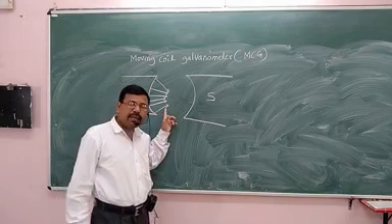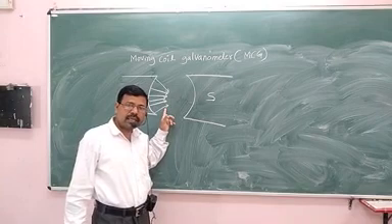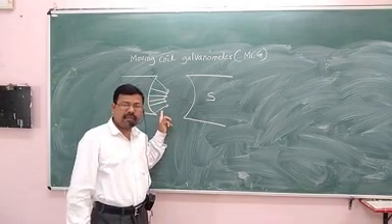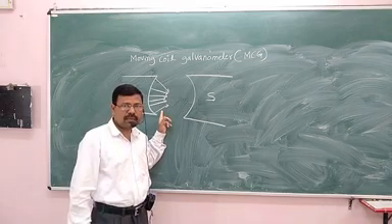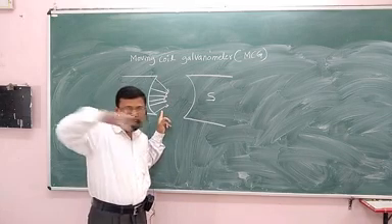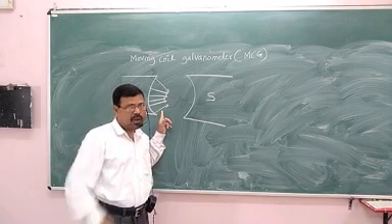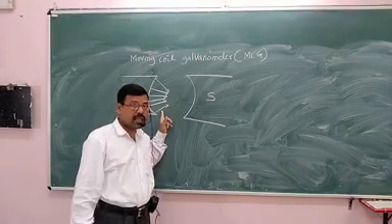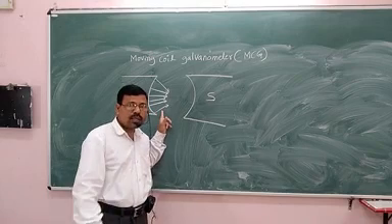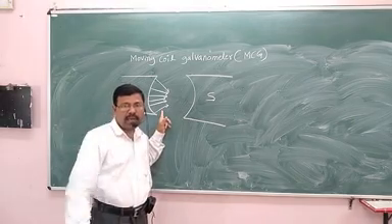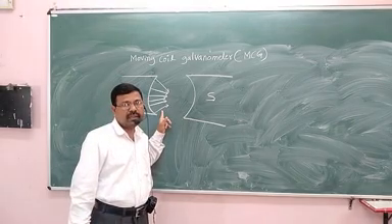This radial magnetic field always keeps the plane of the coil parallel to the magnetic field. Why is a radial magnetic field used here? It is used to keep the plane of the coil parallel to the magnetic field.